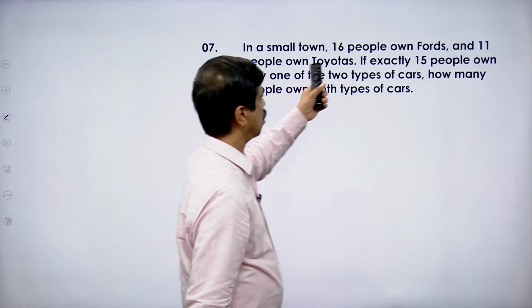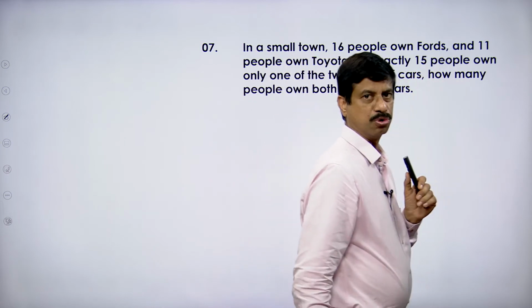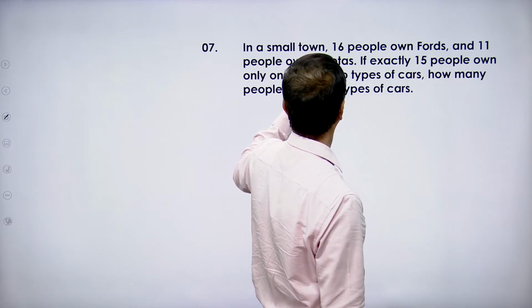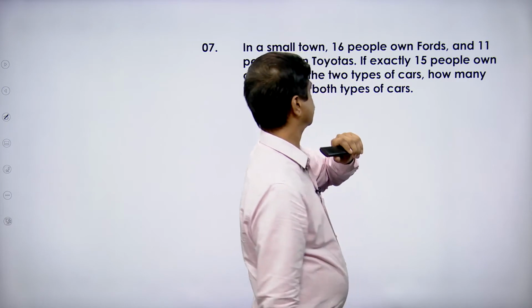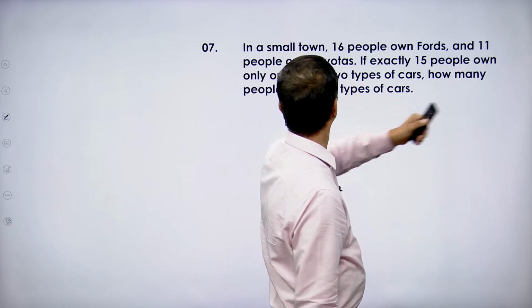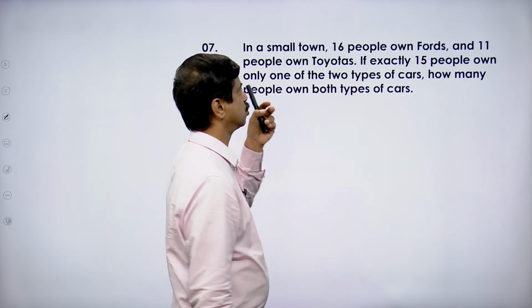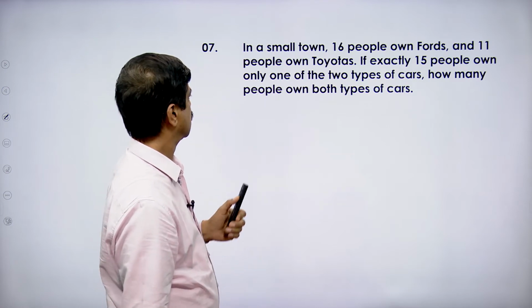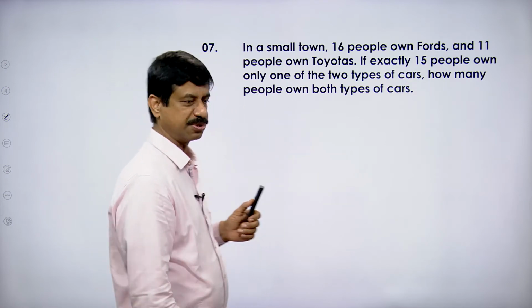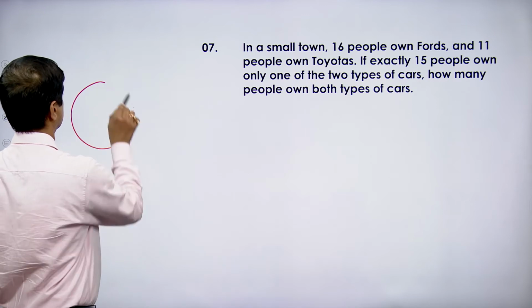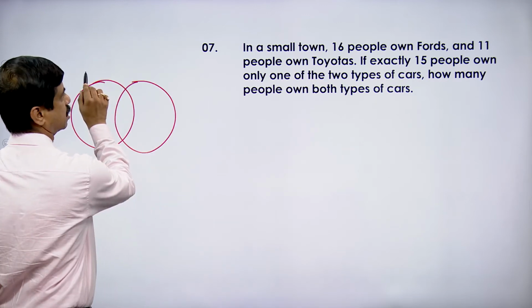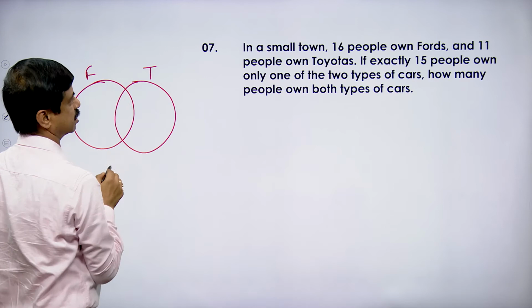In a small town, 16 people own Fords and 11 people own Toyotas. If exactly 15 people own only one of the two types of cars, how many people own both types of cars? So this is set theory type, okay. This is Fords and this is Toyotas.